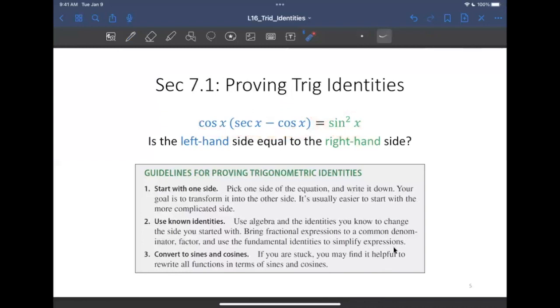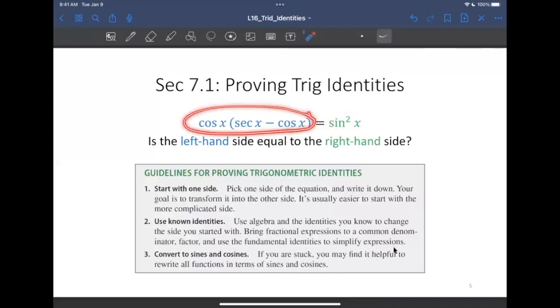So we're going to start by picking one of the sides, and you usually want to pick the more complicated side. So in this case, it's definitely this guy. There's definitely a lot more going on than just simply sine squared of x. So we pick one side, we use our identities, and then simplify that side.